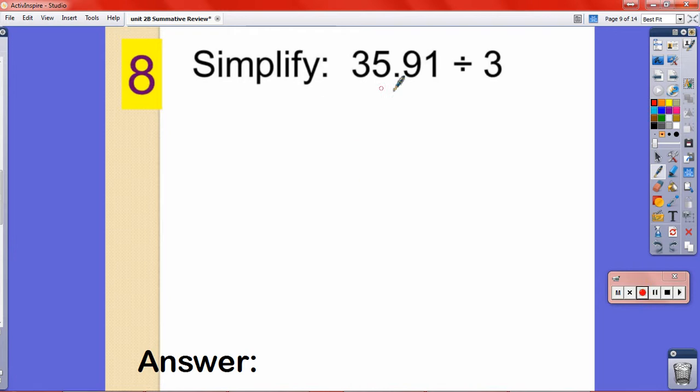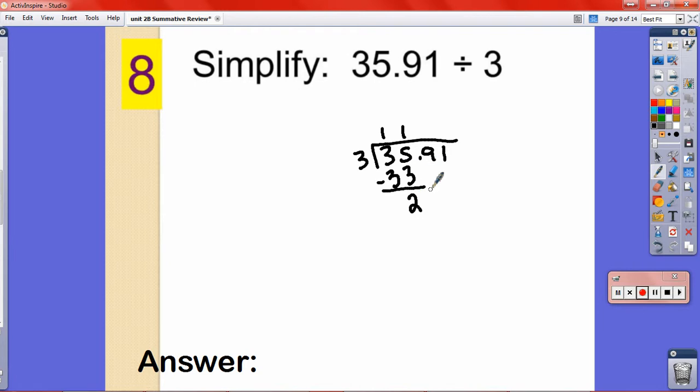Alright, again, simplify means solve. This is division. First term goes inside the house. So it's 35.91 divided by 3. 3 goes into 3 one time. It goes into 5 one time. Notice I knew 3 minus 3 would be 0, so I just went ahead and skipped that step. I could also say 3 goes into 35 11 times, which is 33, and then subtract.